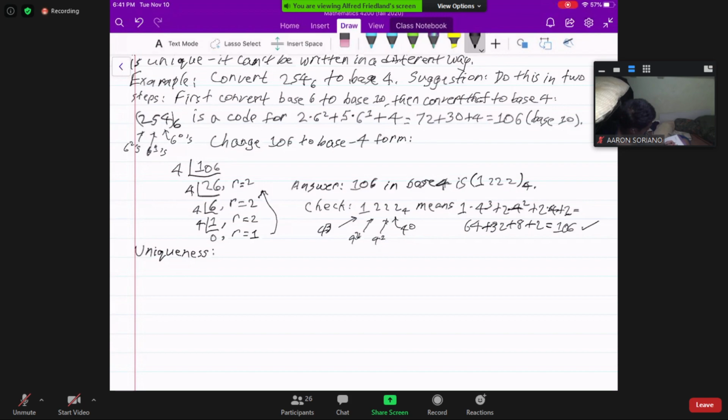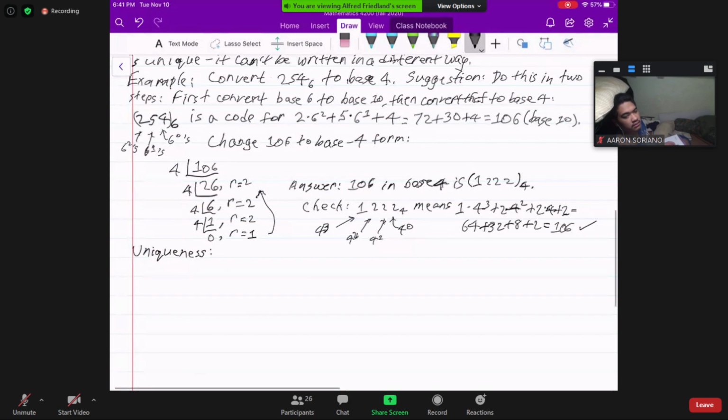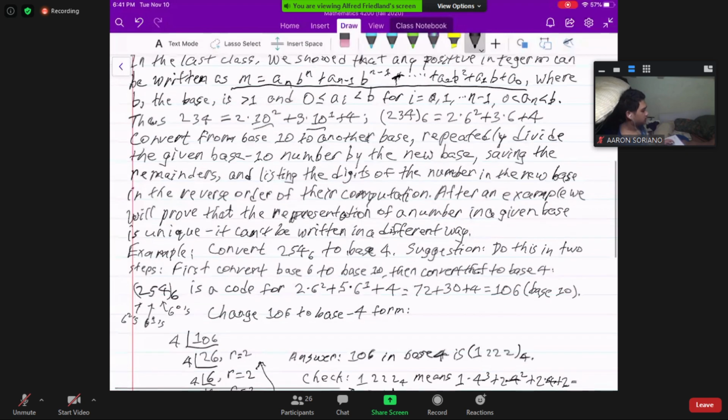So to avoid subscripts, instead of having an n-digit number, I'm going to say, suppose a positive integer, I used m up here, I believe. Yeah, m.